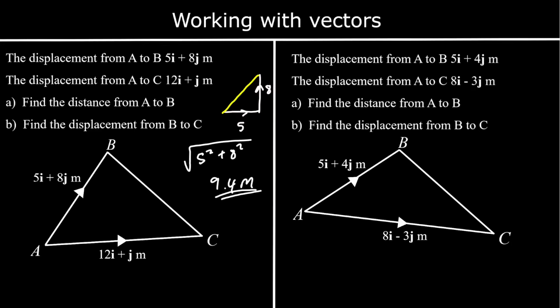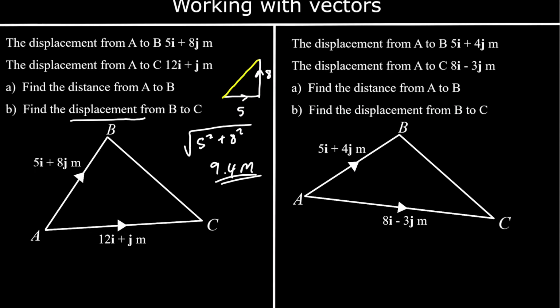Part B, find the displacement from B to C. So we don't want the distance, we want displacement. So it's going to be in terms of i and j, because we need to have a direction. So how do we get from B to C?